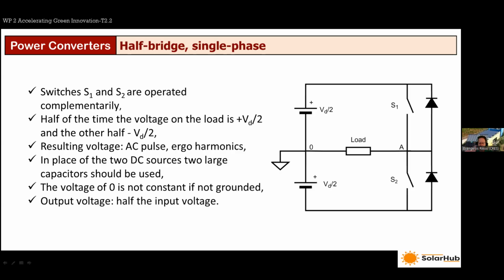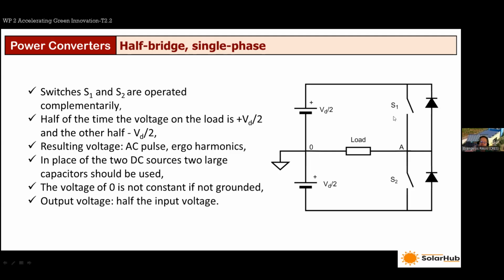The two switches are operated complementary here. We have switch 1 and switch 2, and two sources. It's essentially one source with a point of zero reference here, a middle point that the load is connected to.